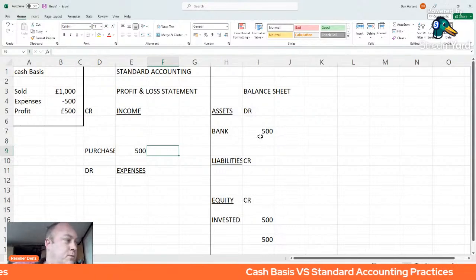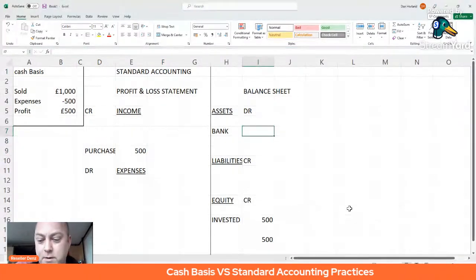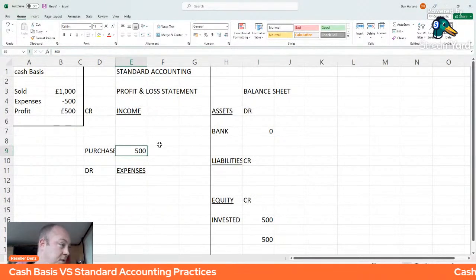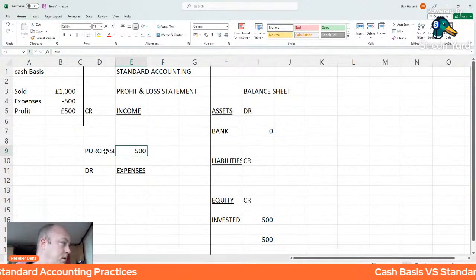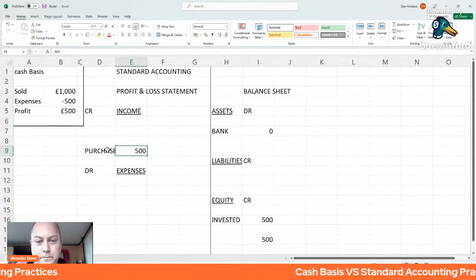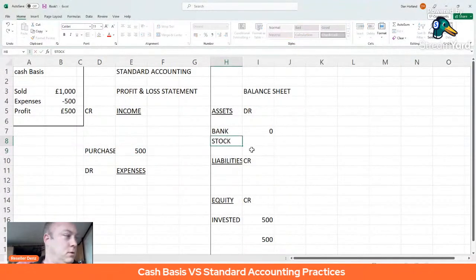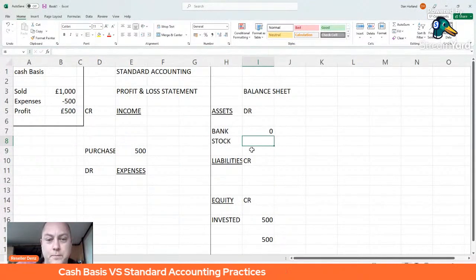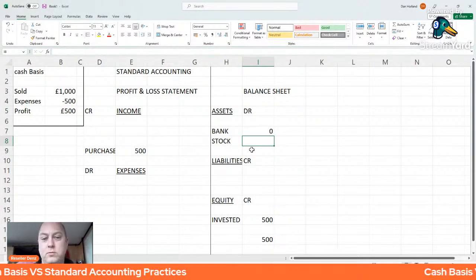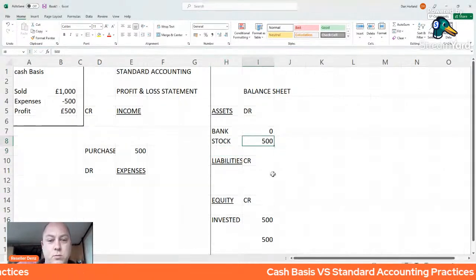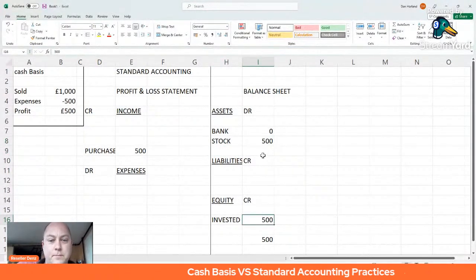Because we bought £500 worth of stuff, our bank is now zero, right? So we spent the money. But we've also got a stock balance, right? So our stock value of all the purchases that we made is £500. So again, these two will always balance, okay?